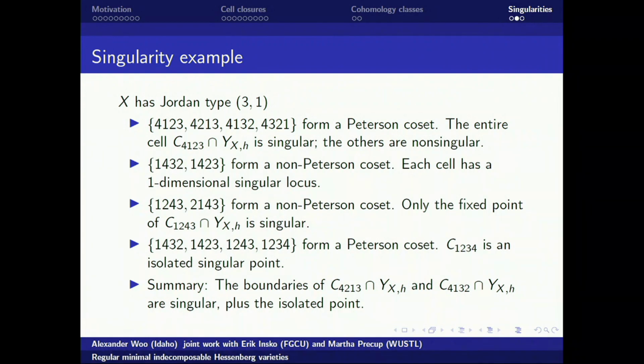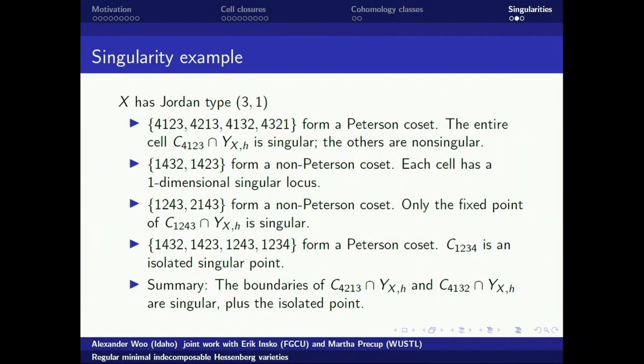These are non-Peterson cosets. You can see this has dimension 2, this has dimension 1. Remember, number of descents. Okay, but each one of them has a one-dimensional singular locus.